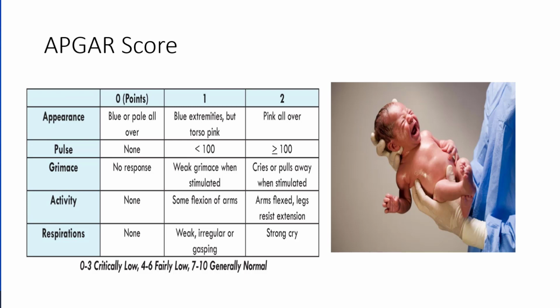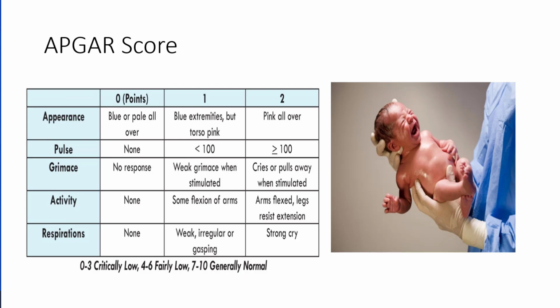Now, normally the score we're looking for is 7 or above. A score of 10 is pretty unusual since almost all newborns will lose maybe a point for slightly bluish hands or feet. Scores below 3 are strongly associated with some sort of congenital cardiac disorder. And in some rare cases, we may see the test performed 10 minutes after birth too.